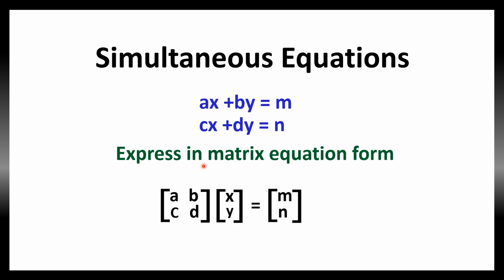Now this is in matrix equation form, that is AX is equal to B. A matrix is the matrix formed with the coefficients, X matrix is the matrix formed with the variables, and B matrix is the matrix formed with the elements in the right hand side. AX is equal to B is the matrix equation form. So, when we get simultaneous equations, we have to convert them into matrix equation form for solving using matrices.